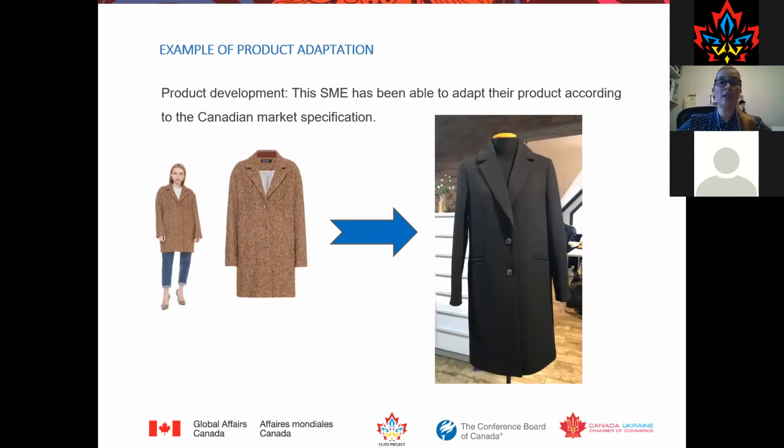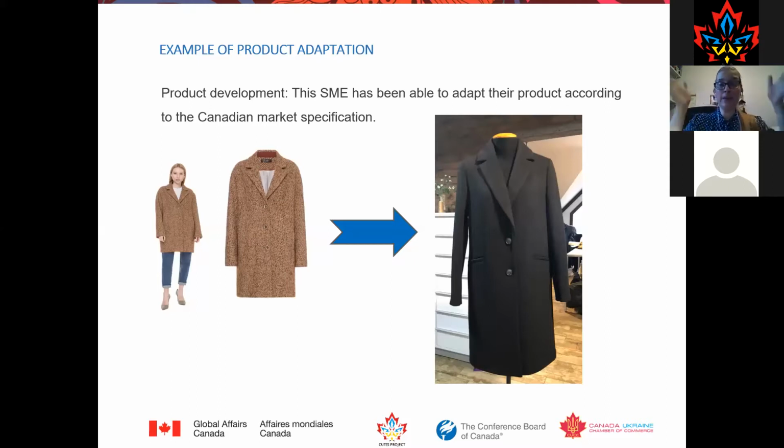Why? Because women 45 and up tend to become bigger, especially in Canada. And they like more shape, silhouette to make them look skinnier, I will say, smaller. So if you are a little bit bigger and you put on one sweater and you want to put the jacket on, if you put an oversized jacket, you're going to look even bigger.